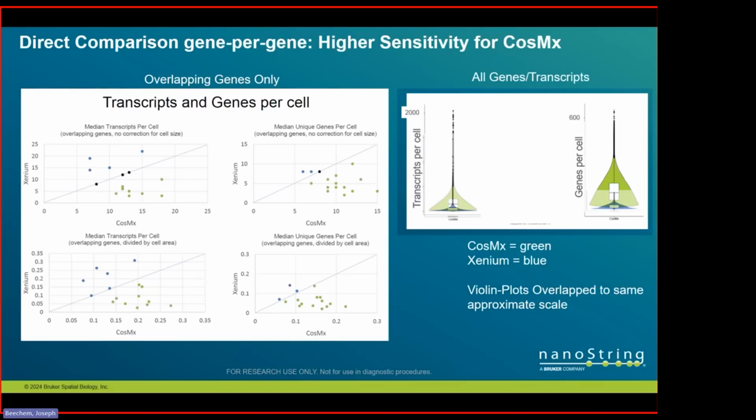Show that to your data analytics person and say, which data set do you want? Do you want the green violin plots or the blue ones to try to understand what's happening in your tissue? I guarantee you there's not a single data analyst that's going to vote for the blue violin plots. They're all going to take the information content in green.